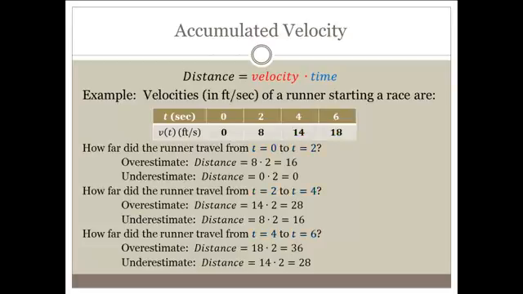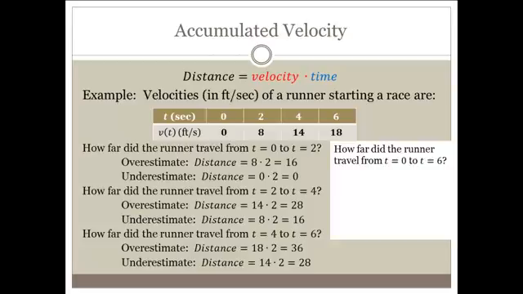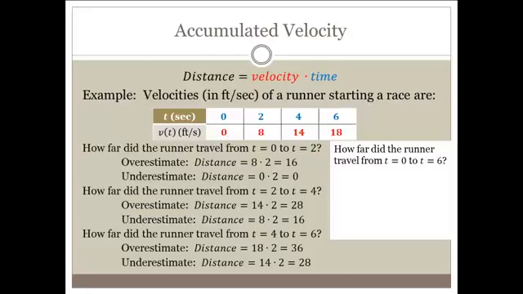We will use this information to figure out how far the runner traveled over the entire 6 seconds. That is, how far the runner traveled from t equals 0 to t equals 6. As we did in each 2-second time interval, we will get an overestimate and an underestimate.